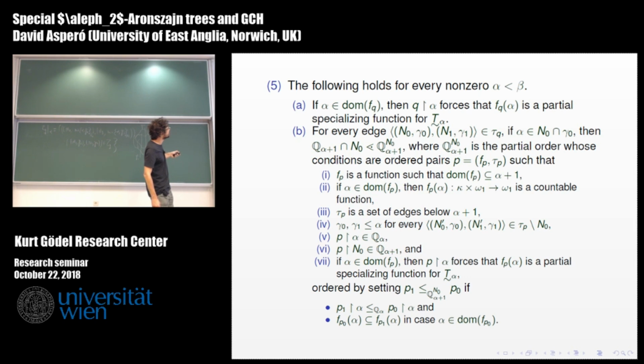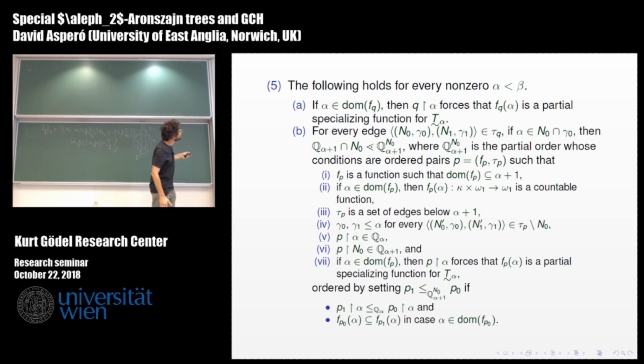Tau p is a set of edges below alpha plus 1. Now, the markers of these edges are at most alpha whenever I have an edge which is not in n0. So only things in n0 can have the marker alpha plus 1 and therefore be in the forcing which I have already defined. So this makes syntactical sense.